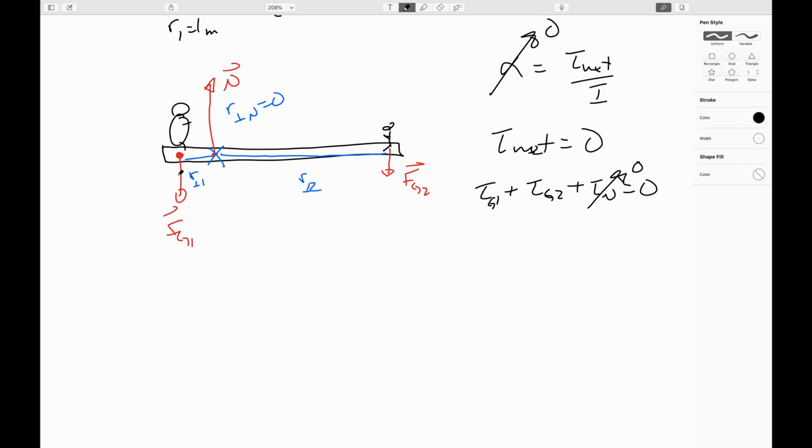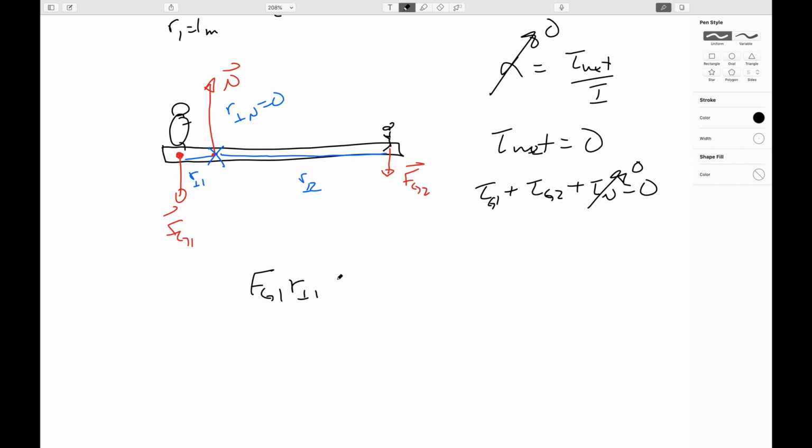So let's look at the first kid. Is the first kid trying to spin the teeter-totter clockwise or counterclockwise about this x right here? Well, counterclockwise. So the force of gravity due to this kid is applying a positive torque. So this will be equal to Fg1 times r perpendicular 1.